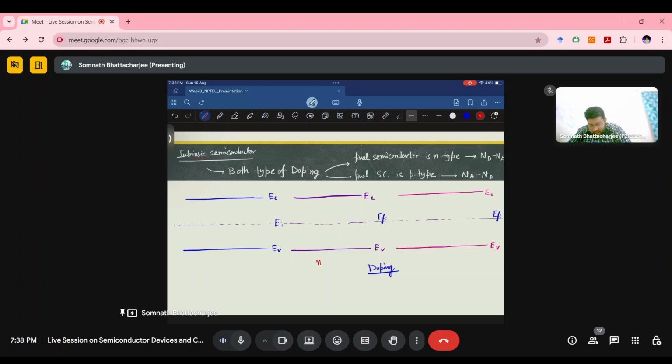If it's an n-type semiconductor, the Fermi level will shift towards the conduction band. This is termed as EF, whereas the Fermi level in the intrinsic case would be here. The shift would be towards the valence band, and the intrinsic Fermi level would be the same in each of the cases.